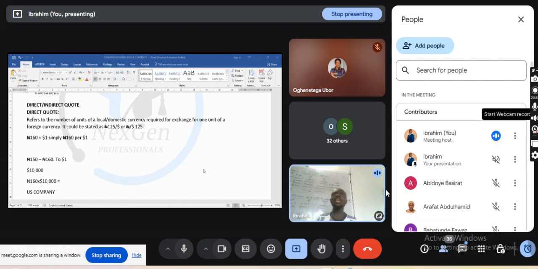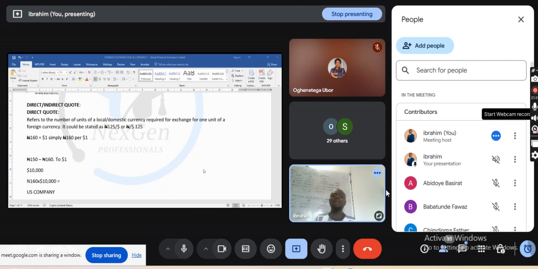So when you see a spot rate of 160 naira to $1, because that is what you will use to exchange in dollar, you can have 160 to dollar. It is a direct quote. So what is that direct quote?